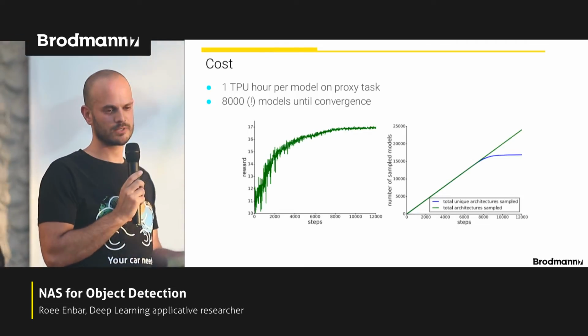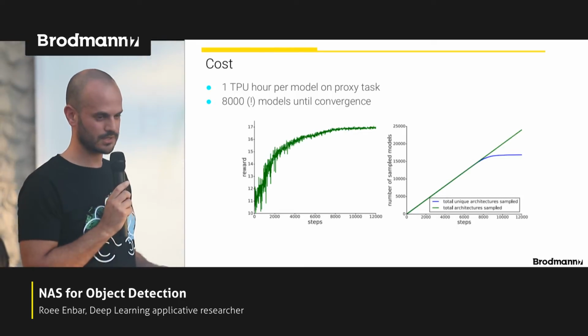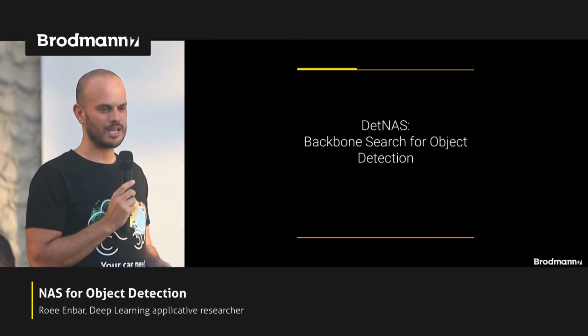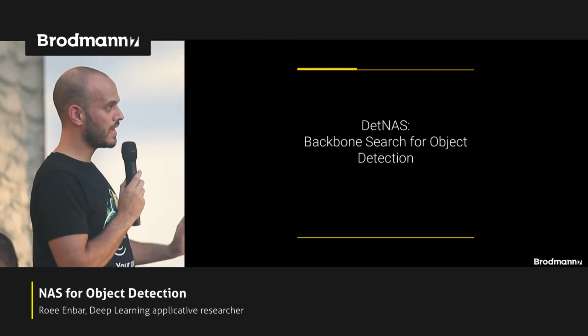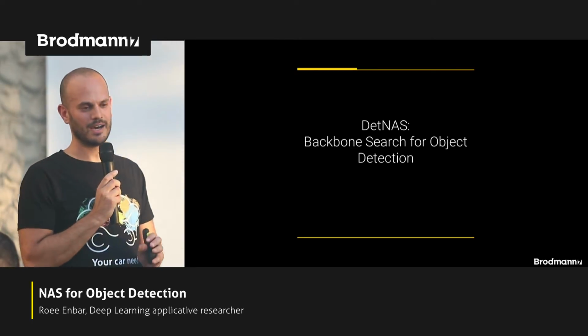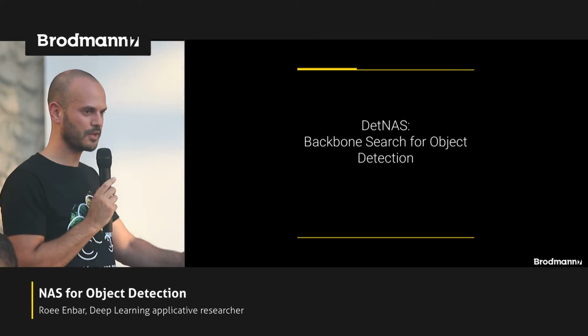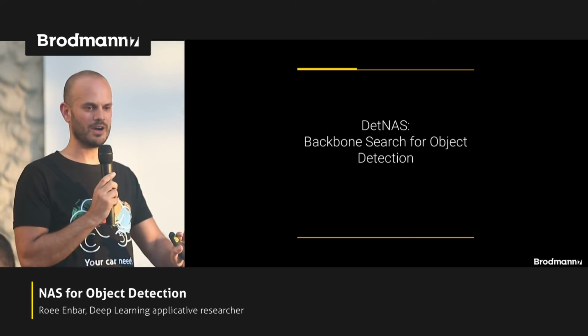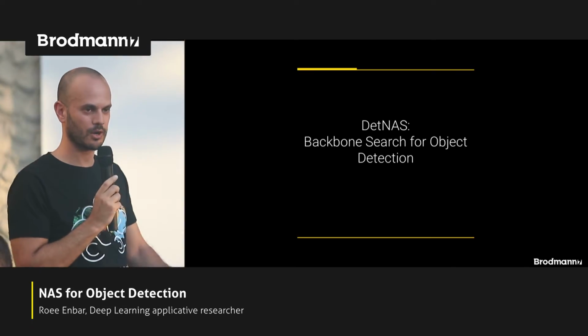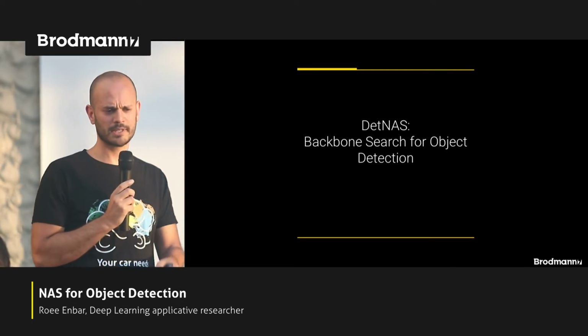So 8,000 TPU hours, which is, Google. Okay, so that was one way. It works, it's great, it's costly. I can think of 7 different ways to make it better, and people are probably working on it right now. Let's look at another way.